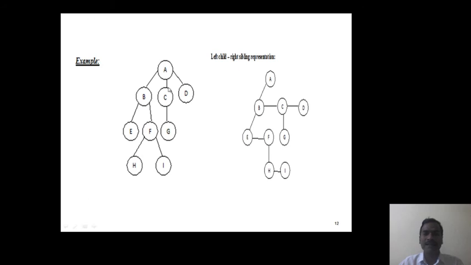Here the closest right sibling is C. Hence C is connected to B. From B's point of view, its left child is E. Left child E. For E, the closest right sibling is F. So this one, E to F. For F, left child H. So F to H. For H, the closest right sibling is I. So H to I. Now, from C's point of view, the left child is G. For C, the right sibling is D. So C to D. This is the left child right sibling representation.